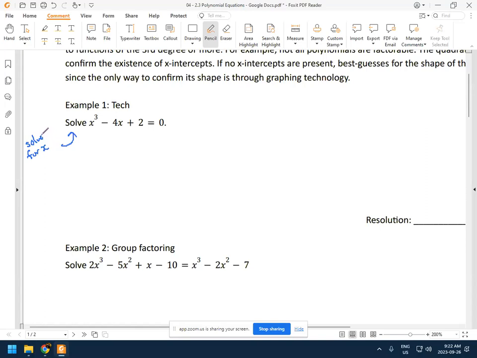If you don't quite understand, then you're going to end up memorizing all 4 different kinds of examples, which I don't want you to do. When the math question says solve, it means solve for x that makes this sentence true, or that makes this equation true. That's what it means.